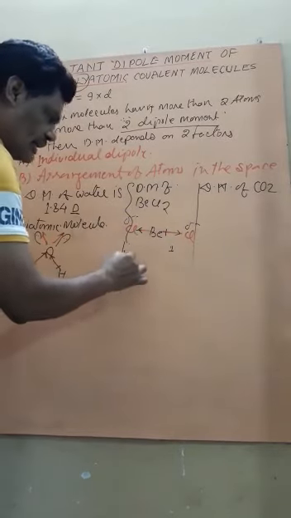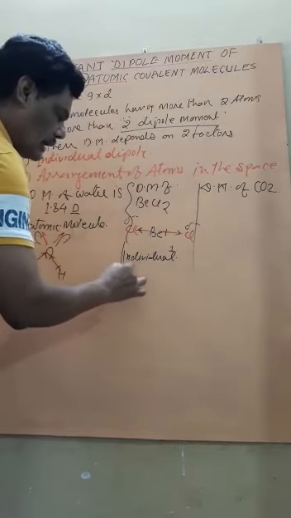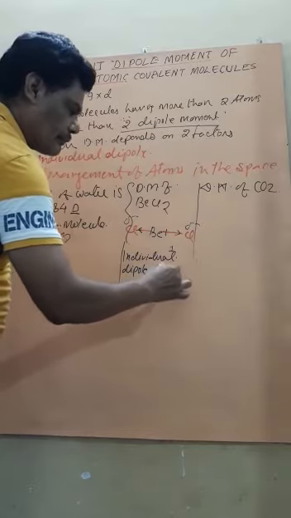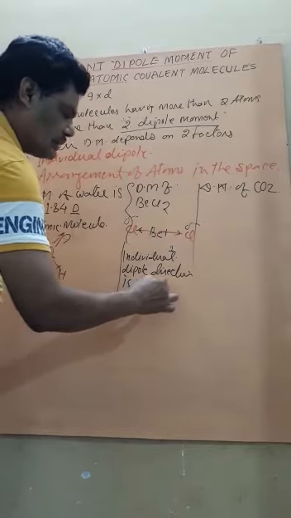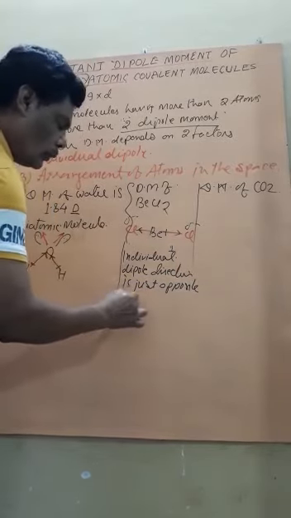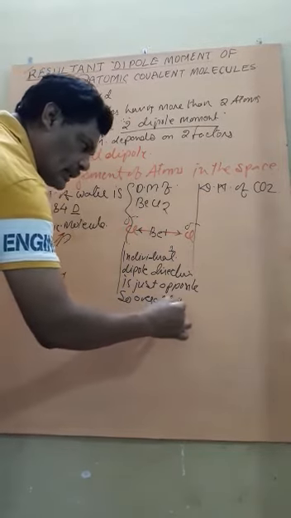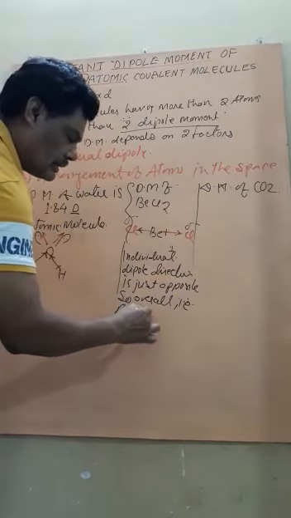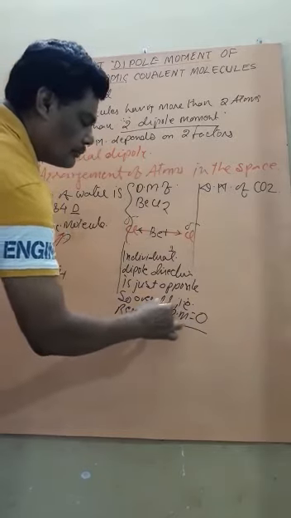The individual dipole direction is just opposite. So overall, the resultant dipole moment is 0.